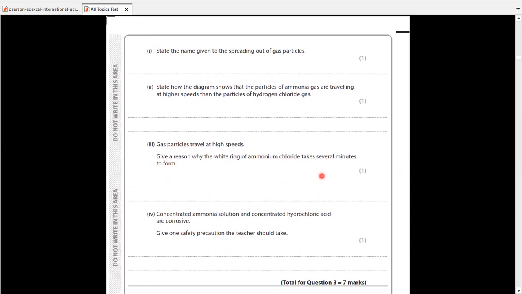State how the diagram shows that the particles of ammonia gas are traveling at higher speeds than the particles of hydrogen chloride gas. So this is shown as the white ring is closer to the side of the hydrochloric acid.